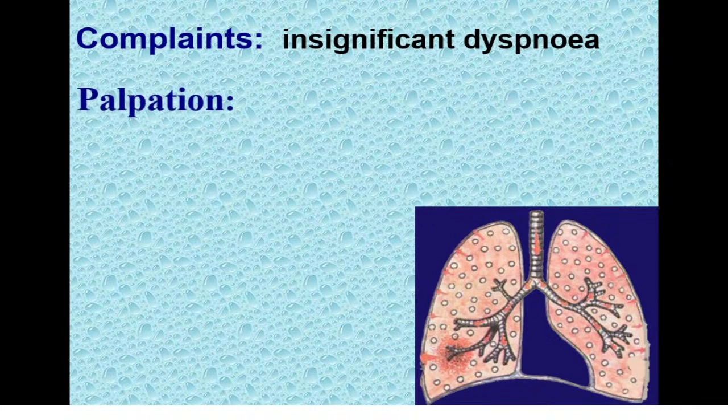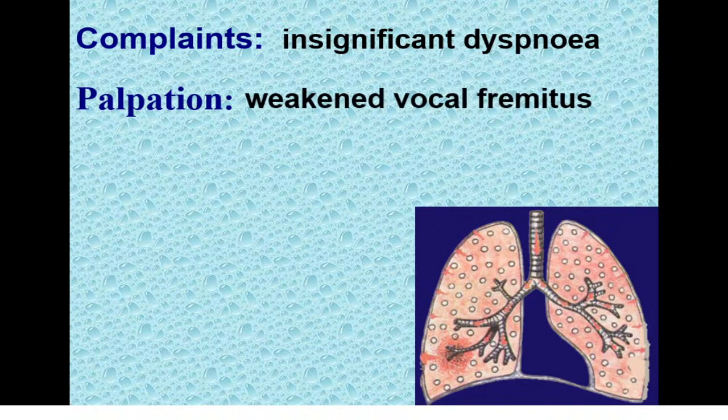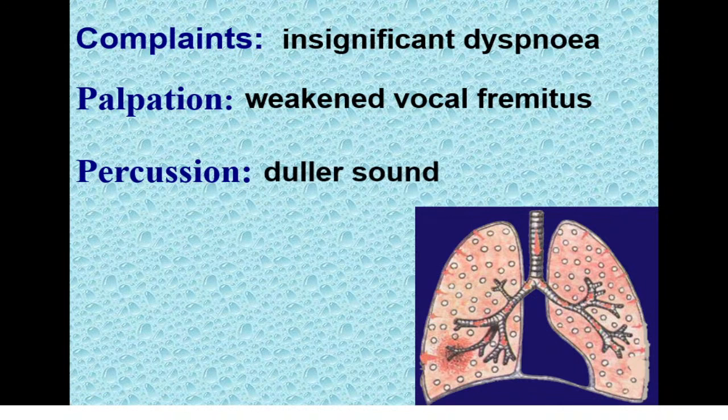No visible signs, but on palpation weakened vocal fremitus may be revealed, but you must remember only in case of superficial location of the pathological process and if its size is more than 5 cm in diameter. There will be dull sound on percussion because of a combination of healthy and affected tissue.